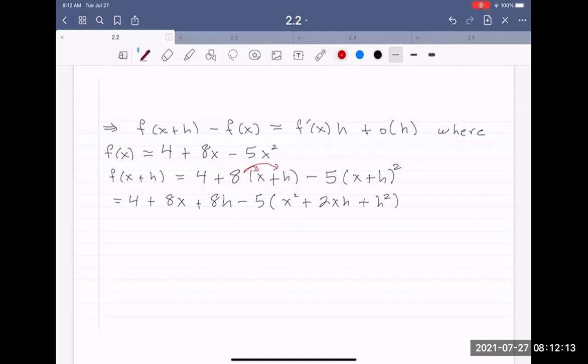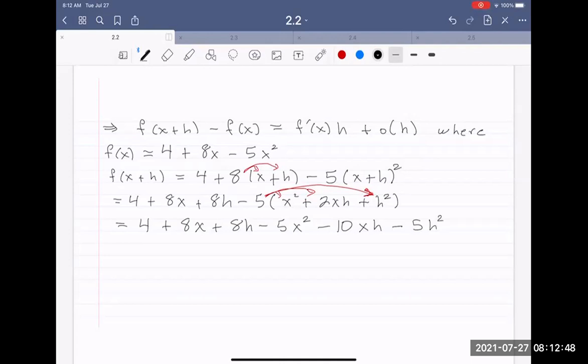And let me multiply negative 5 inside the parentheses. So this is equal to 4 plus 8x plus 8h minus 5x squared, oops, minus 10xh minus 5h squared.